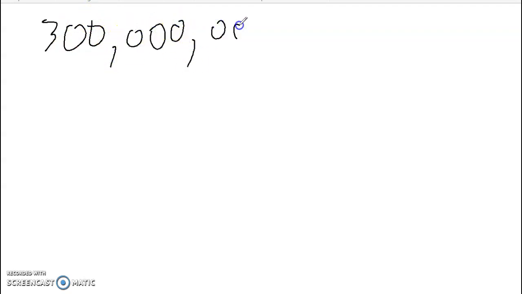Alright, so if we were starting with that number, 300 million, in order to go to scientific notation, well, I need to figure out a few things. That decimal is here right now, and I want it to be here. So I want to take that decimal and move it there.